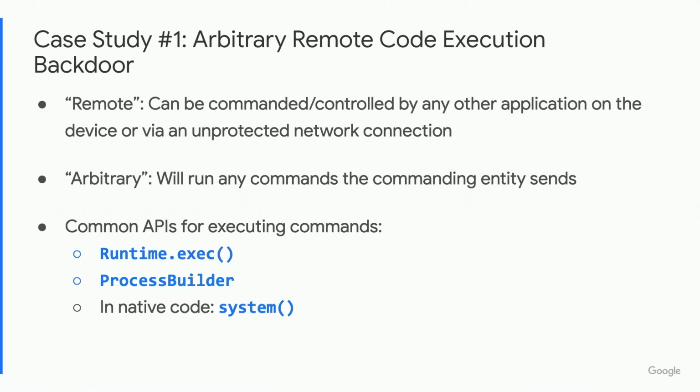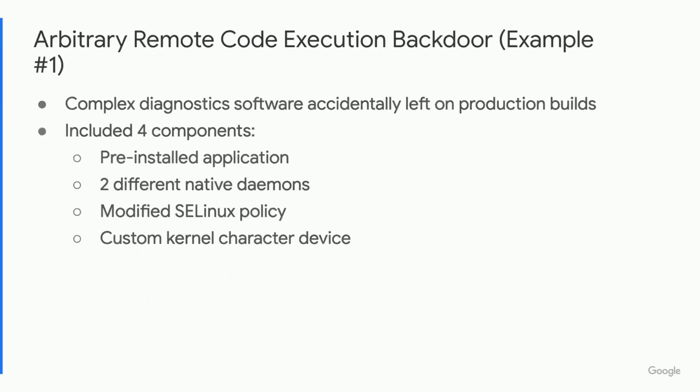Arbitrary means that it will literally run any command that the commanding entity wants to. And just for information, some of the common APIs to look out for when looking for command execution: if you're in the Java Kotlin realm within apps, it's Runtime.exec and ProcessBuilder that are the most common APIs. While if you're in native code, you have all of the Linux ones, but some of the most common we see for pre-installed is system.